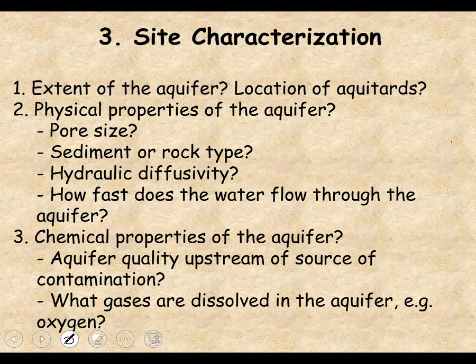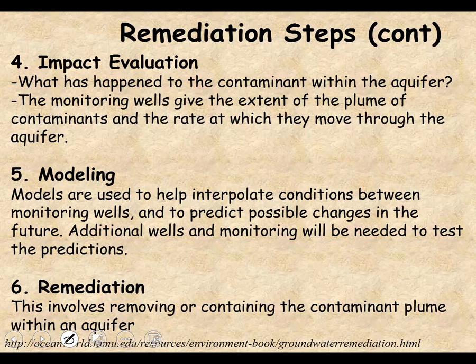How about chemical properties of the aquifer? By that, I mean, what is the aquifer quality upstream? That is the before. So what are we trying to get it back to? In some cases, what gases are dissolved in the aquifer? We've got some dissolved sulfur, for example, in naturally occurring aquifers. So we need to know that as well.